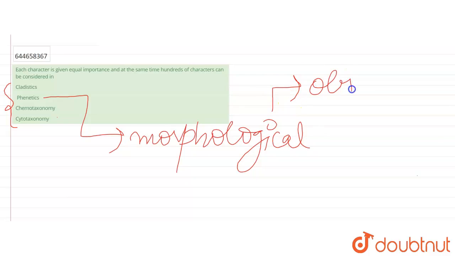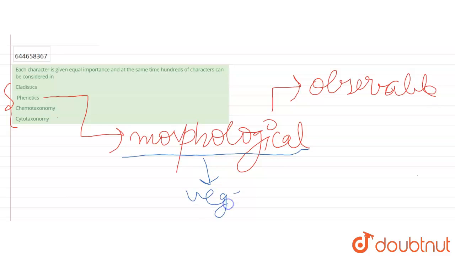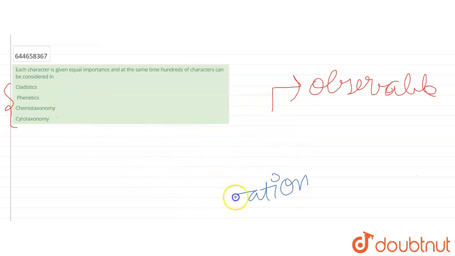For example, the different vegetative characters. So phonetics is all about the observable characters, and they are very limited, and they do not provide as much input to taxonomy. So this is also our incorrect option.